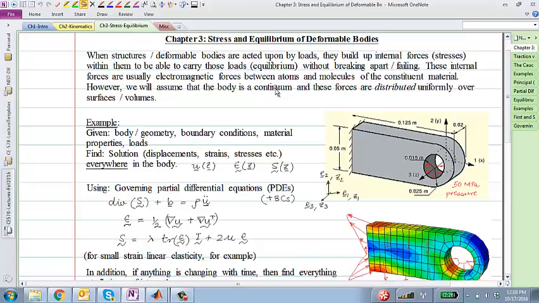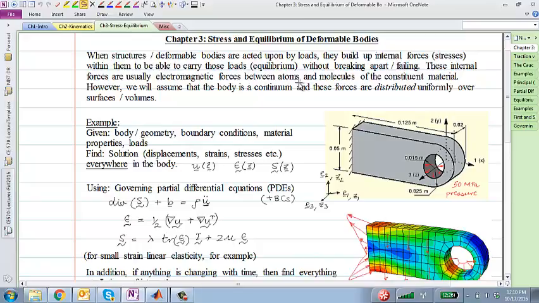Once those bonds break, or that material structure breaks at the atomic or the microscopic level, then we have fracture of a body. So those interactions that we are talking about are electromagnetic forces between atoms and molecules of that body. It's these types of forces that we are going to pretty much sort out all the local variations.